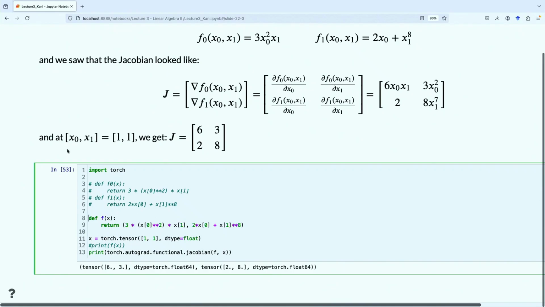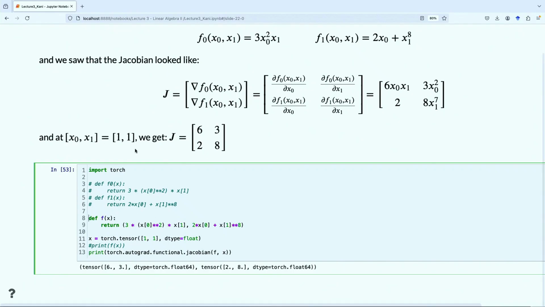Again, like in the text, I'm just saying x is equal to 1, 1. And I simply use the torch.autograd.functional.jacobian function. I give it the actual function f, I give it x, and it gives us a tensor of the Jacobian at x0, x1 equal to 1, 1. Make sense? So that's how you do it with PyTorch.